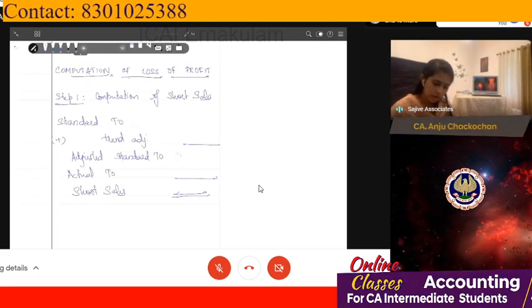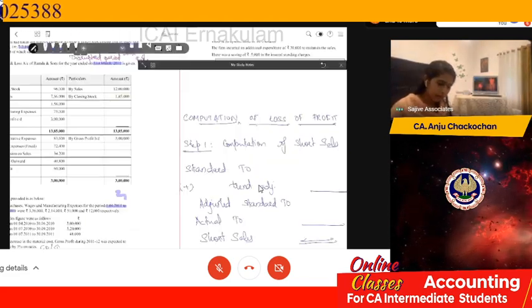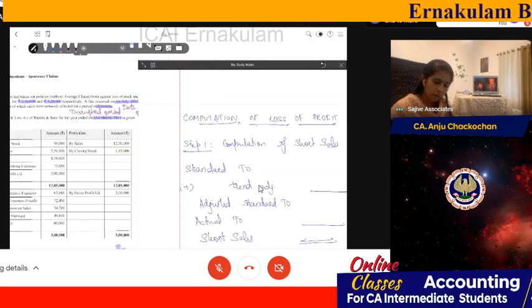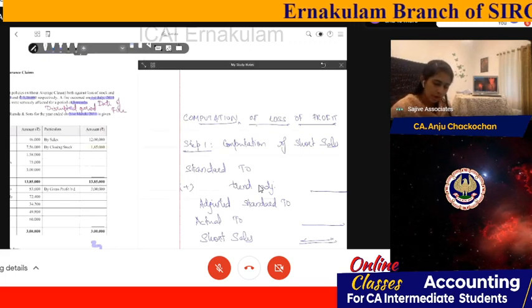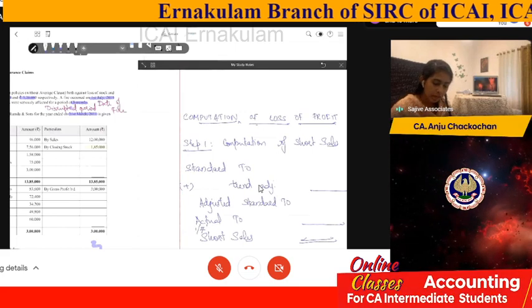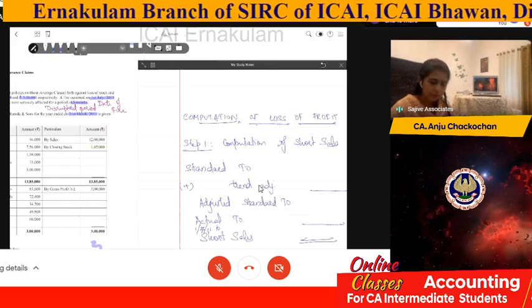Before that, what is the disrupted period? The fire happened on 1st July 2011. So the actual turnover will be from 1st July 2011, and 3 months is the disrupted period: July, August, September.